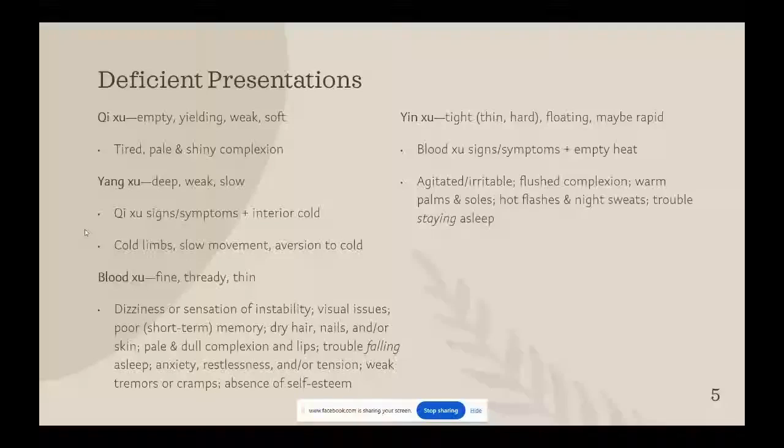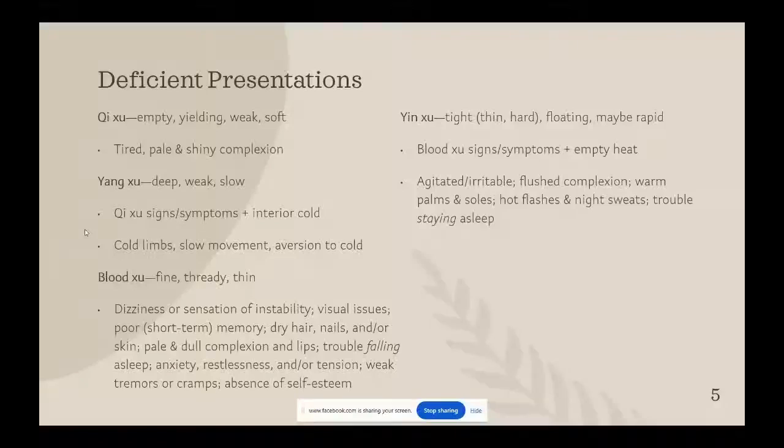And then blood deficiency, there are a lot of different potential symptoms, so you may not see all of these, but dizziness, or just a sensation of instability, or postural hypotension, which is when you stand up and you can't see for a moment.